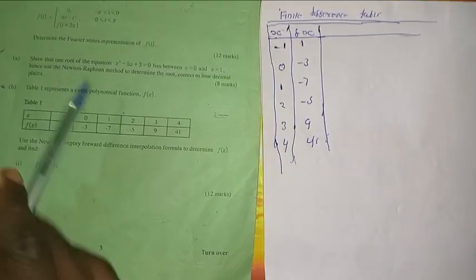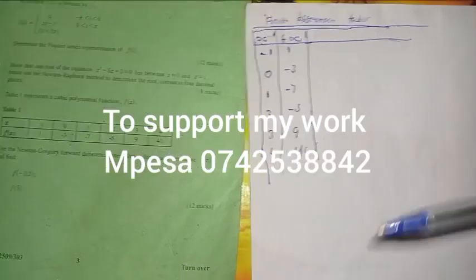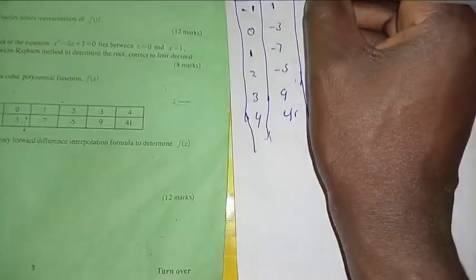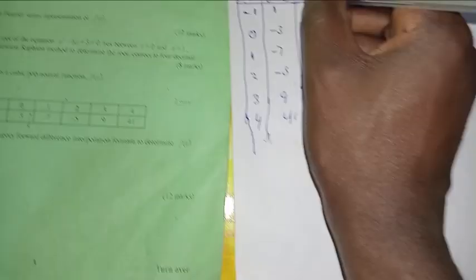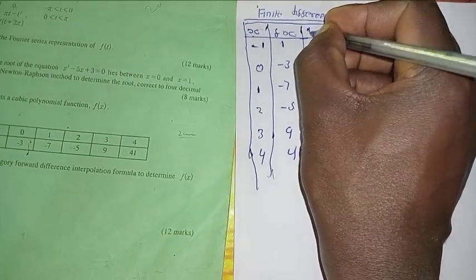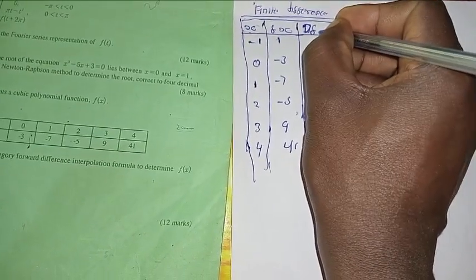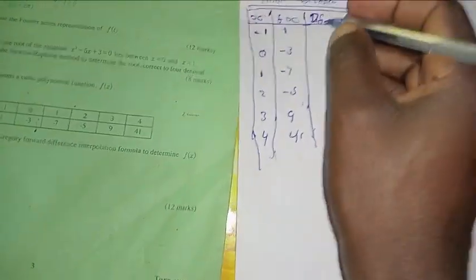After representing this data in this form, the first differences are found. How do you find it?